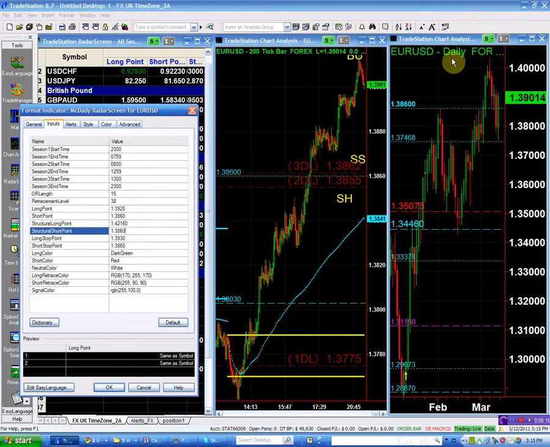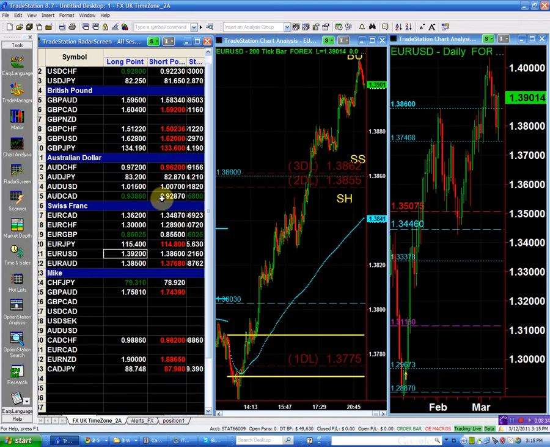And my structure long is way up here, which is the 142. So if it gets above the 139.20, then you can assume that a safe goal, we're not going to use target, we're going to say goal to look towards is the 142.16. Okay, that is the euro dollar.